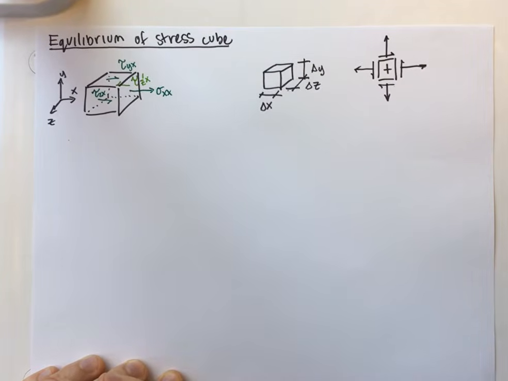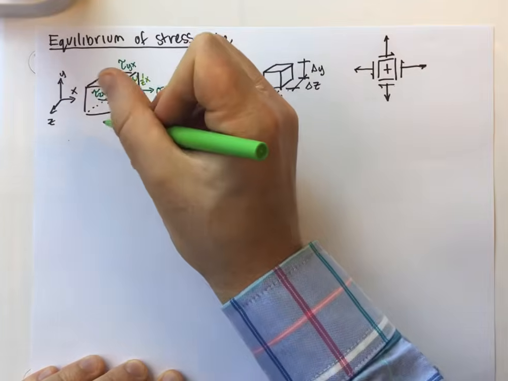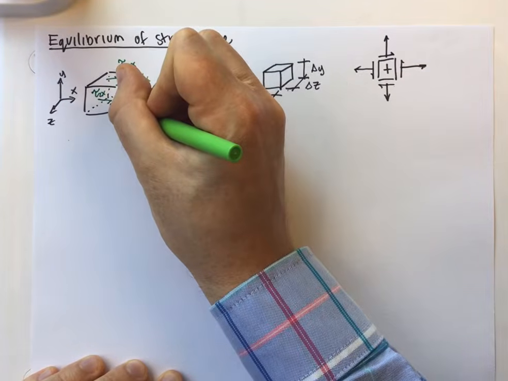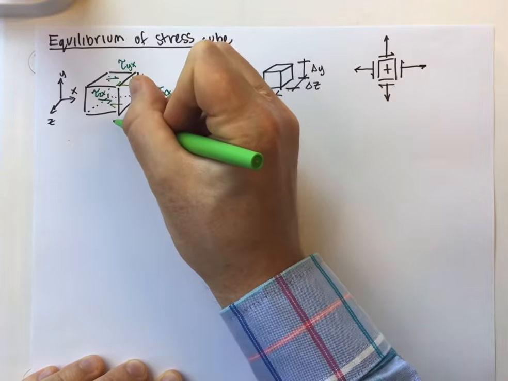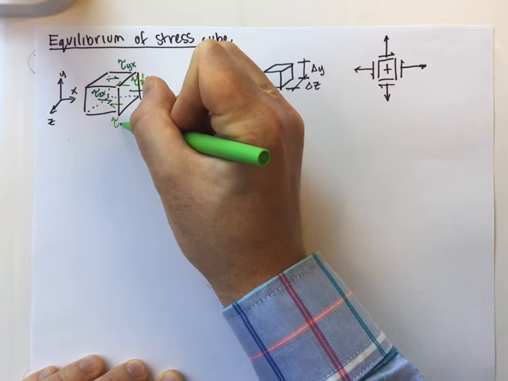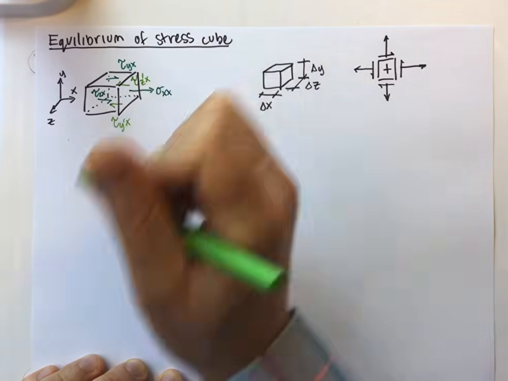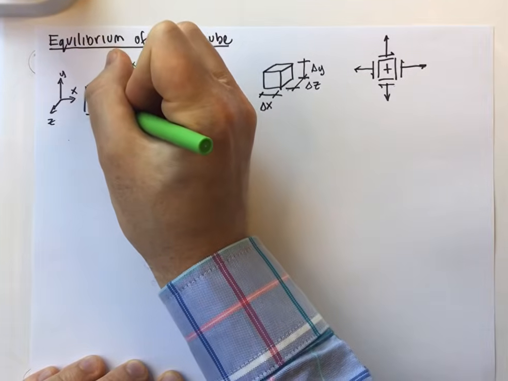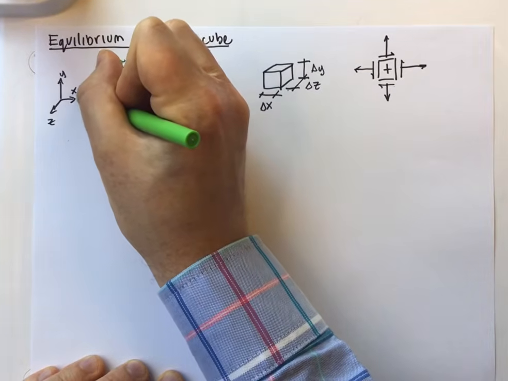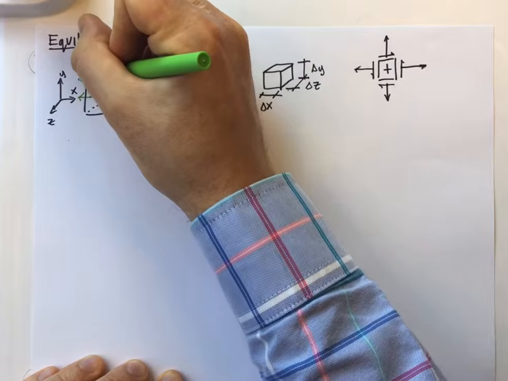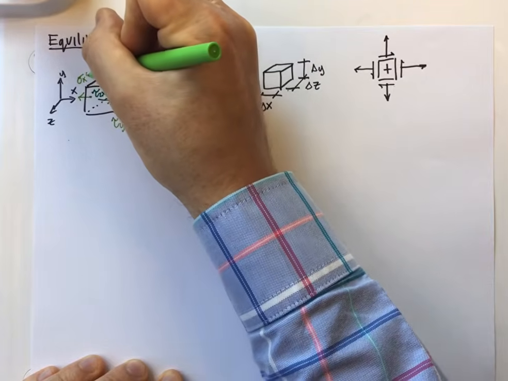So that's going to be on the z prime axis, the back side. We're going to have the same thing down here. So that's going to be the tau y prime x. And I'm going to end up having a normal component out here, and that one's going to be sigma x prime x.